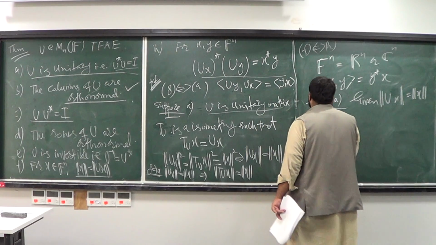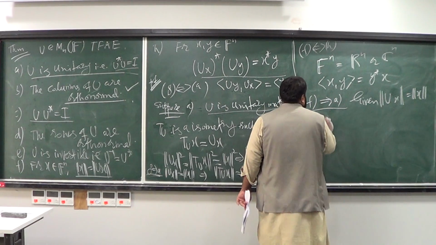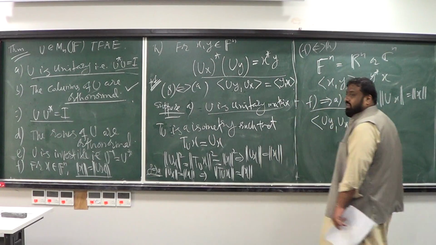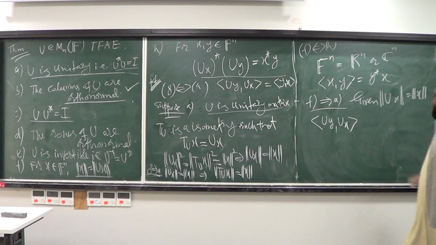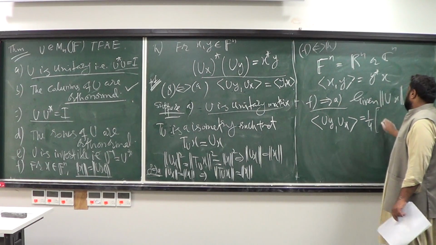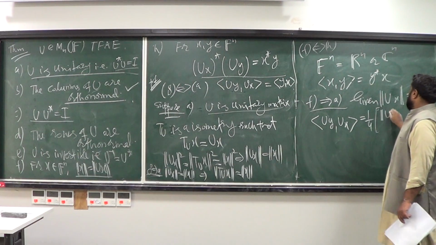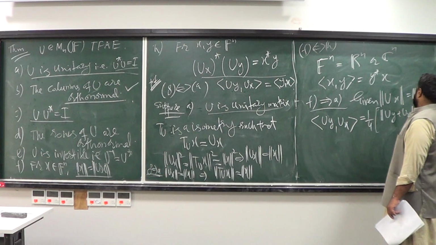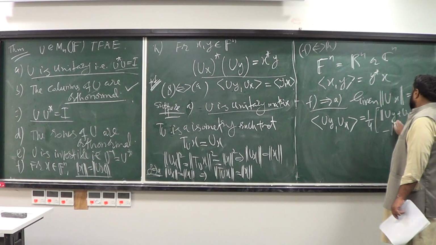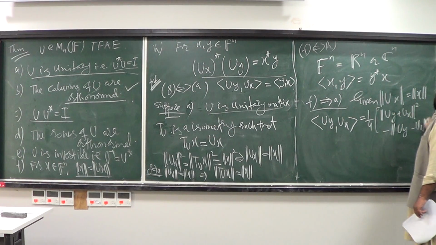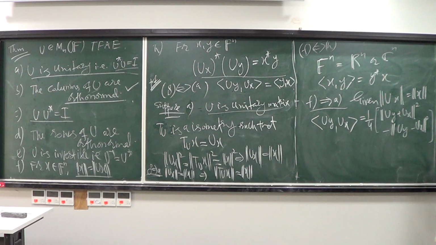Because if you take this Uy and Ux and apply the polarization identity, this would be equal to 1 over 4 times norm of Uy plus Ux square minus Uy minus Ux square. Okay, using polarization identity, this is equal to this.